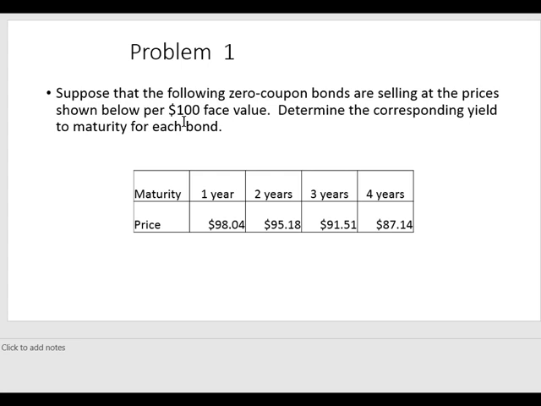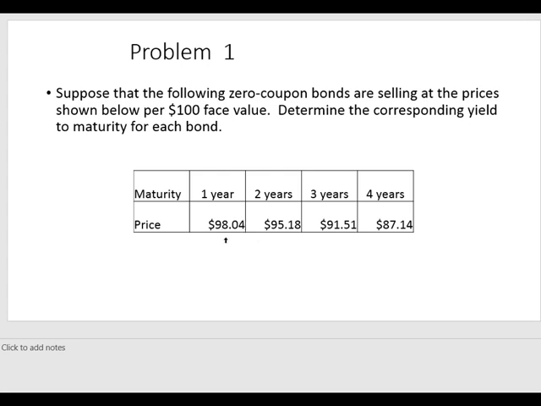Now, how this works in reality, most bonds are not $100 face. Most of the time they're $1,000 face value. And usually the prices are not stated in dollars, but stated in percentages. So in this case, the percentages would be the same. They just wouldn't have the dollar sign, they'd have a percent sign.